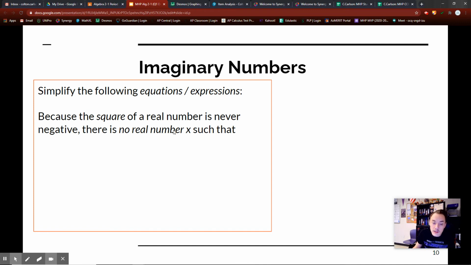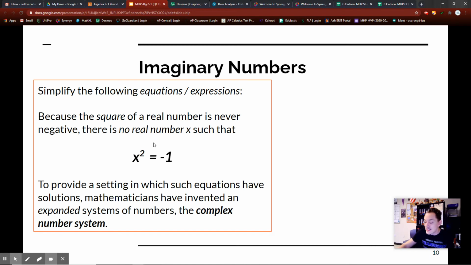There's no real number x such that this equation is true, meaning I can never actually square a number and get a negative out. Now, to provide a setting in which such equations have actual solutions, mathematicians have invented an expanded system of numbers, the complex number system.